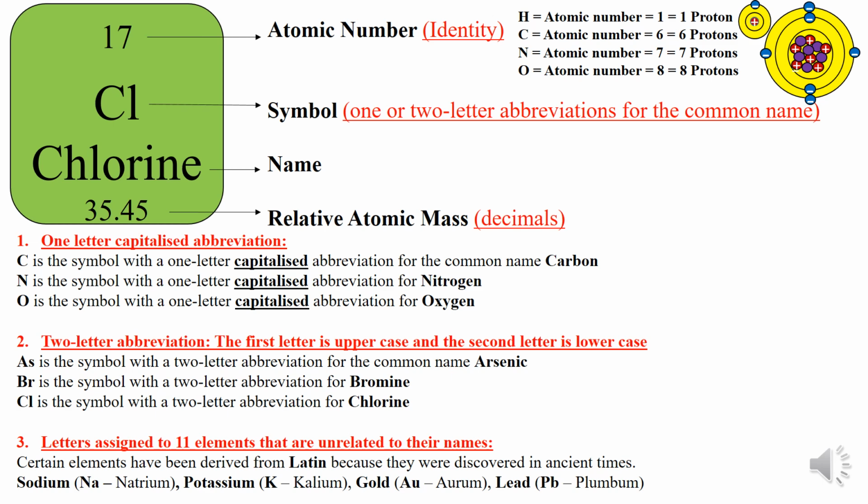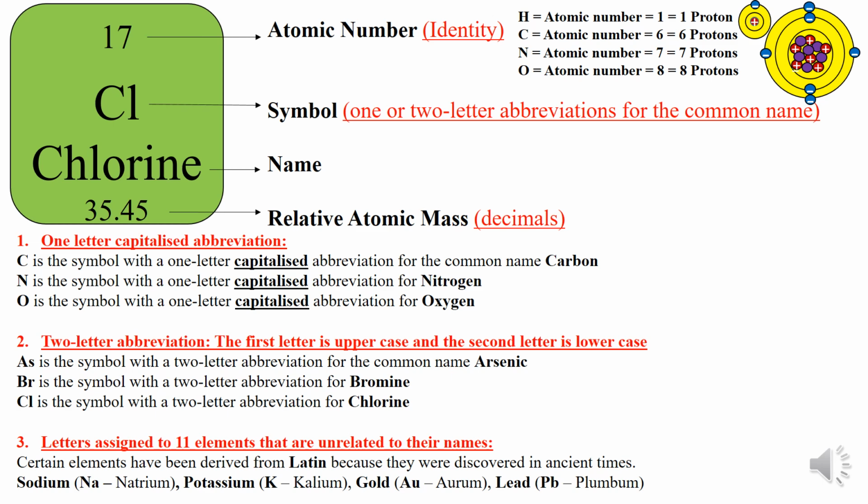Now, why is the relative atomic weight of the element in decimals and not in integers or whole numbers? The reason is some of the elements exist in their isotopic forms.